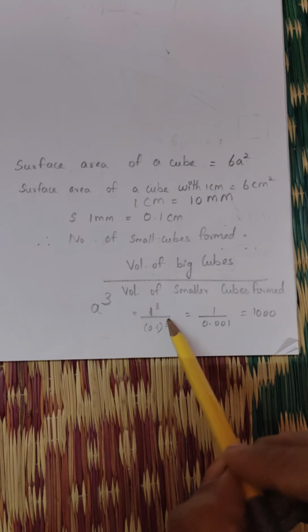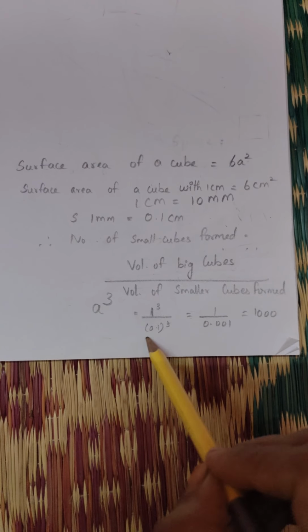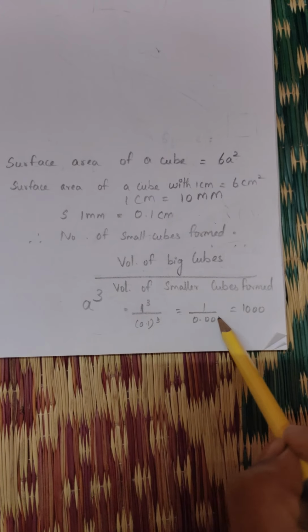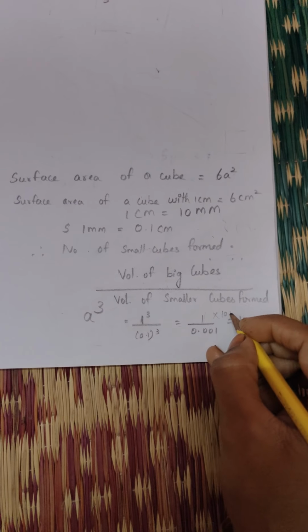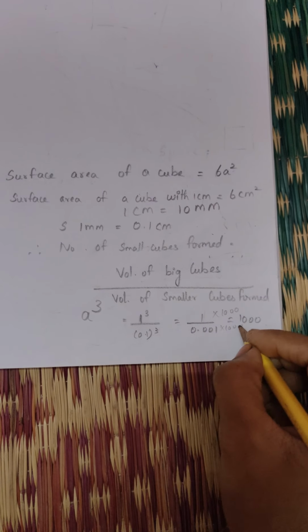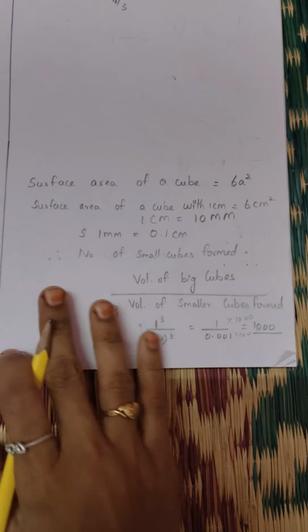So 0.1 whole cubed becomes 0.001. We simplify this by multiplying by 1000. So the answer is 1000 smaller cubes will be formed.